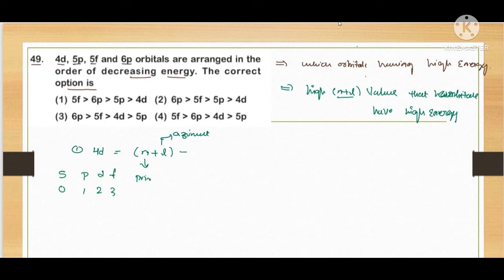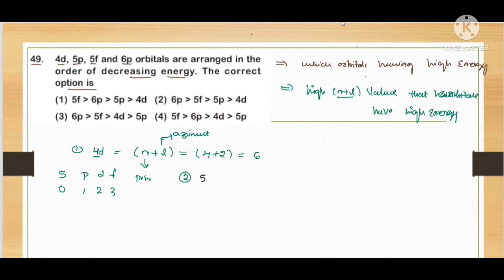Now let us substitute the given values. Here the principal quantum number means the coefficient, that means 4. Orbital D means its L value is 2, so 4 plus 2 is equal to 6.